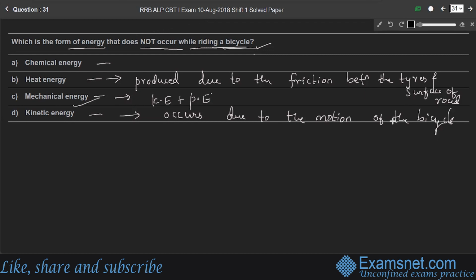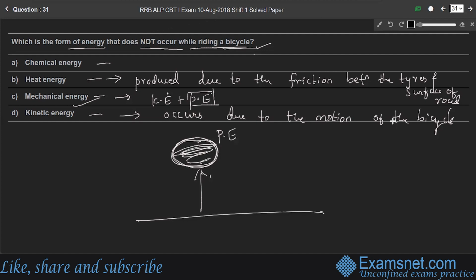Since mechanical energy is a combination of kinetic and potential energy, potential energy is the energy possessed by a body by virtue of its stationary position. For example, when a stone is kept at a certain height, it possesses some energy, which is called potential energy.